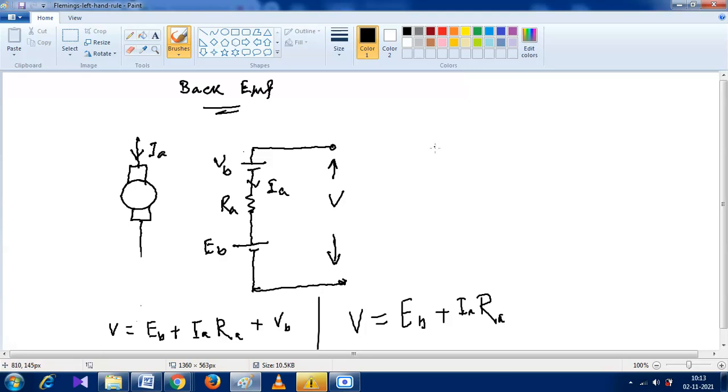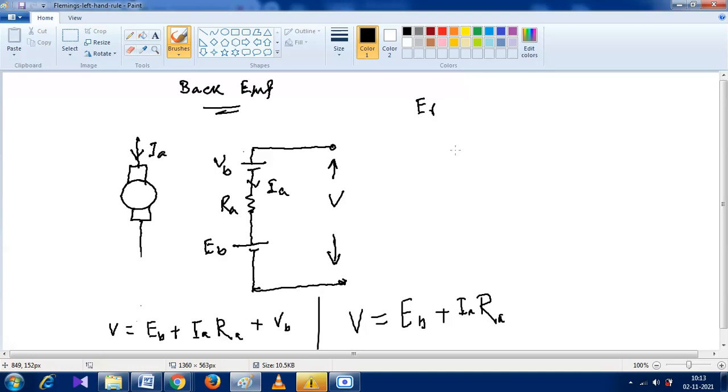It is denoted by ER. Whenever we rotate a conductor in a magnetic field, there is an induced voltage, and the name of that induced voltage is rotational EMF, because it is produced due to the rotation.